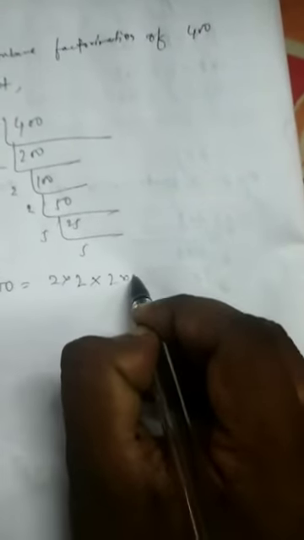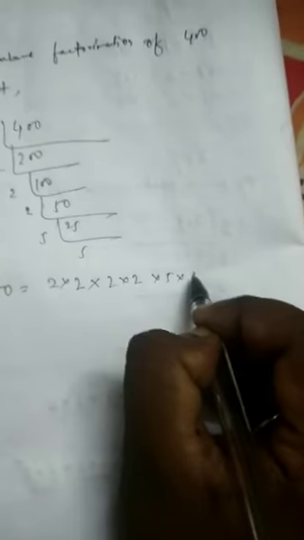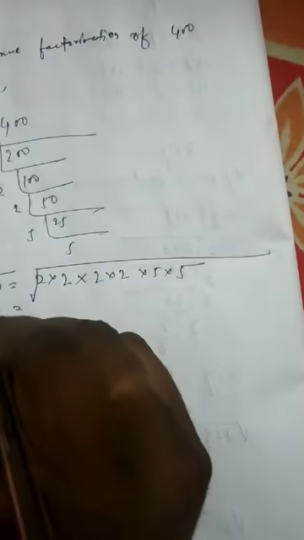So I got 400 is equal to 2 into 2 into 2 into 2 into 5 into 5. So I'll use root over in both the sides.